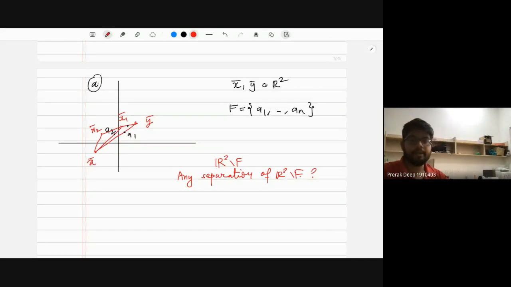Is an arbitrary union of path connected spaces connected or not? Path connected spaces are connected. That's what I proved earlier.